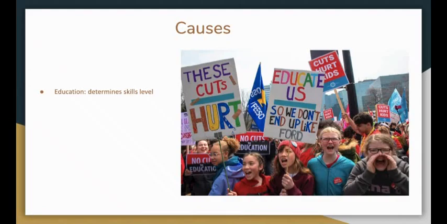Causes of inequality. Education. In every country, education turns out to be different in terms of quality. The better the quality of the education, the more skillful the student will become, which is key to acquire a skillful job.